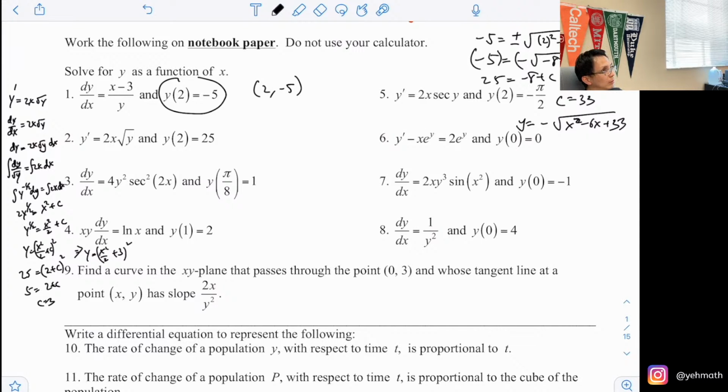So you have to find out the value of c first before you square it. When you integrate, you already have a plus c. After you integrate, it's going to be x squared over 2 plus c. So when you integrate, you already have plus c.